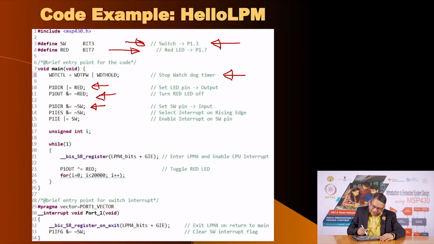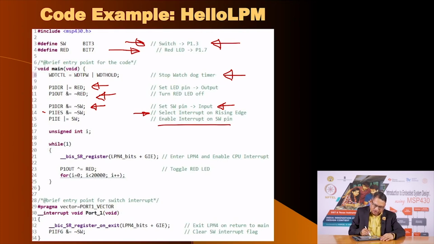And this is very important: after we have decided that the port 1.3 pin should be input, we are also enabling the interrupt on port 1.3 in the rising edge mode, and we have enabled the interrupt on that pin.